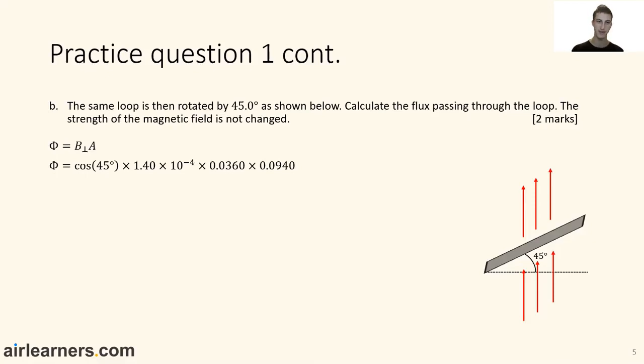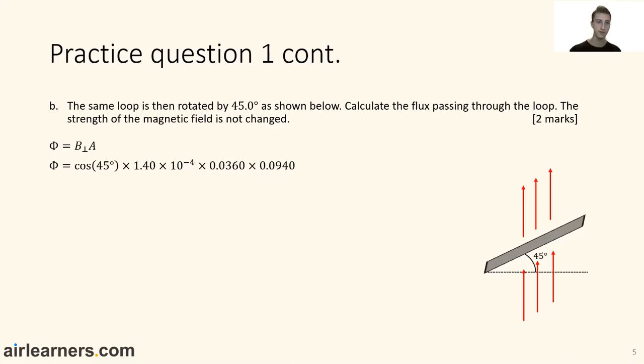There we go. So that's all the equivalent ways of calculating the value of flux. So you do that multiplied by the magnetic field, and again multiplied by the area, calculating it the same way as you have before.